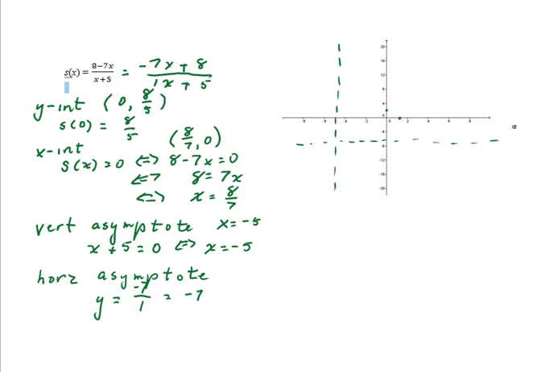Now notice that the asymptotes also are restricting the domain and the range. The domain will include all x values except for -5. And the range will include all y values except for -7.